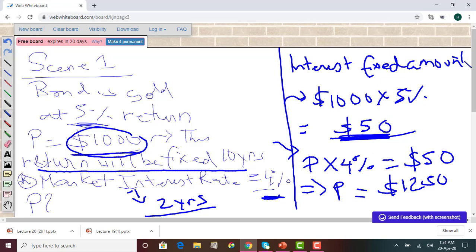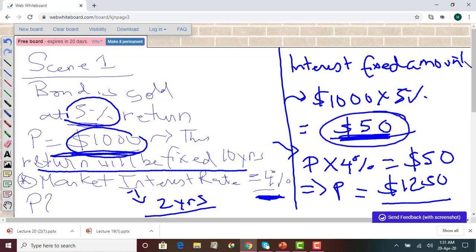Before, the market interest rate was 5% and the price of the bond was $1,000. The market interest rate went down to 4%, so the price went up to $1,250. So here we can see there is a negative relationship between the price of the bond and the market interest rate, just because this payment remains fixed for life, or in this case 10 years.